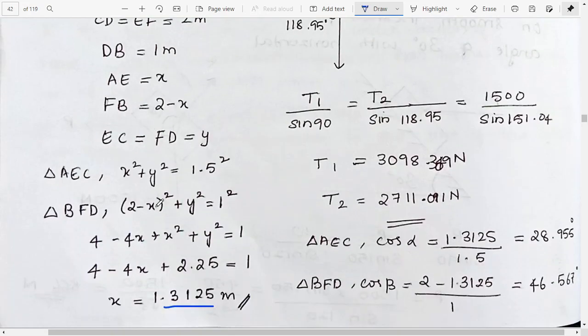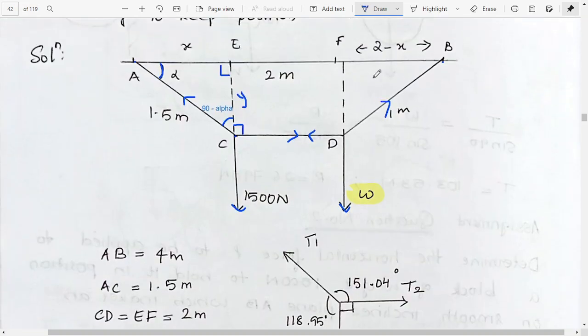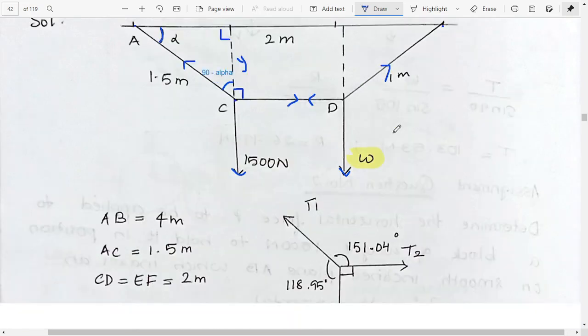And in triangle FBD, also a right angle triangle, we know that 2 minus x whole square plus y square is equal to 1.